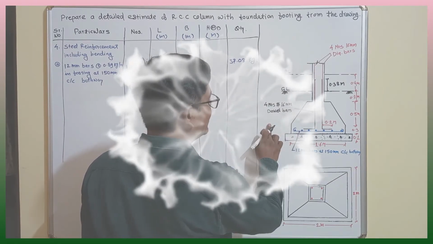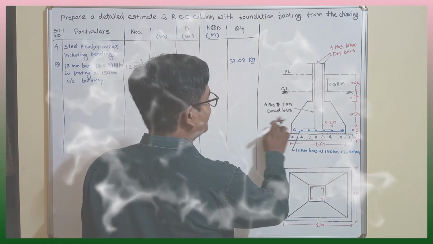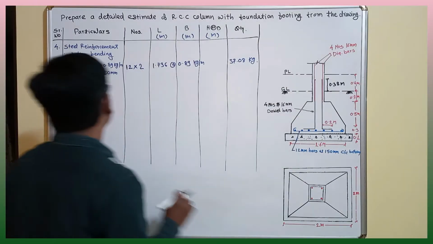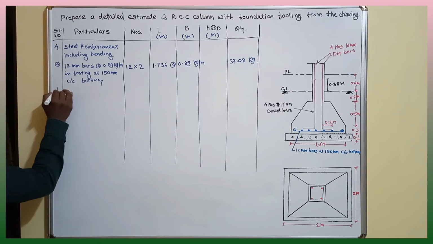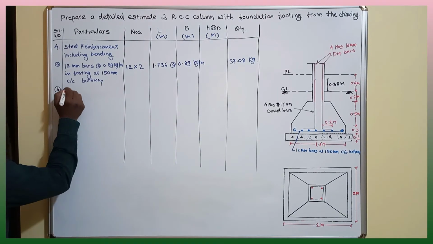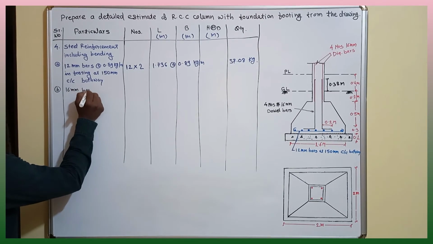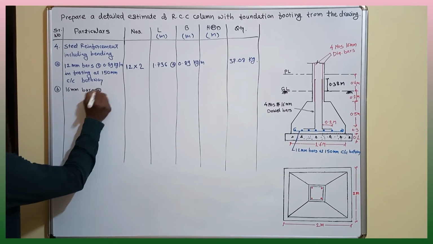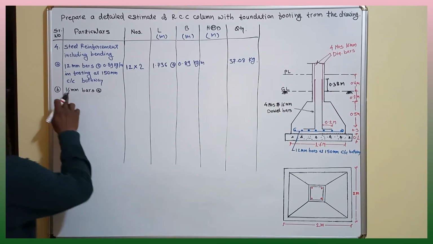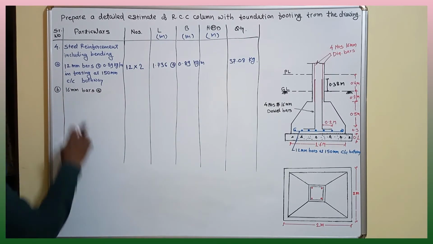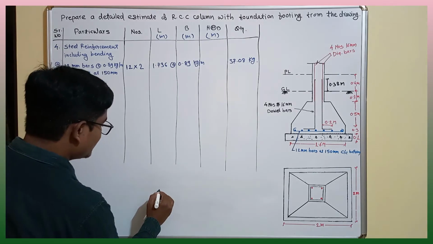Now we have to calculate the quantities of dowel bars. So I will write here B, 16 mm bars at weight. How to calculate the weight of this 16 mm bar per meter?